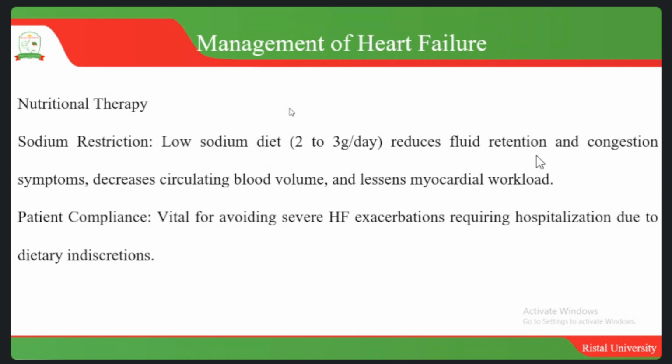And also by this, we are able to decrease the circulating blood volume and lessen the myocardial workload, because when there is increased fluid in the circulatory system, the heart is going to be overworked.